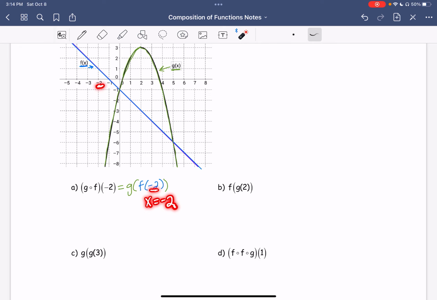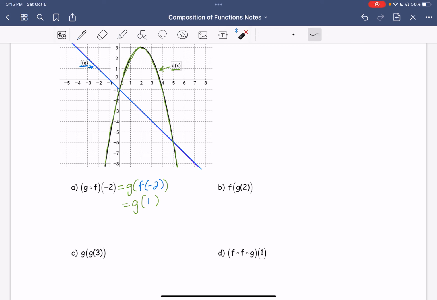So you're going to go to -2 on the coordinate plane, and the letter in front of the -2 is an f. So you're going to go to the f graph. So after you hit it, when you touch it, you're going to see what the y value is. Okay, so when x is -2, your y value is 1. So I can rewrite this as g of 1. Okay, so f of -2 is 1.